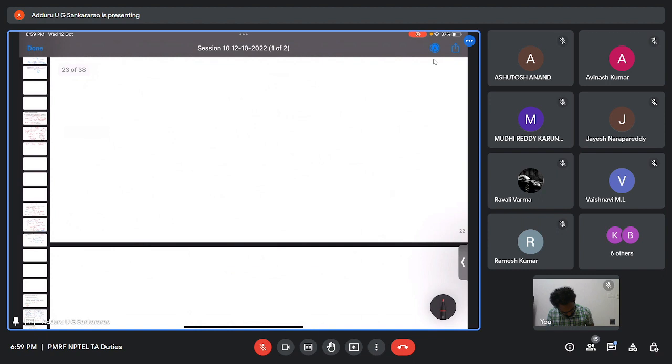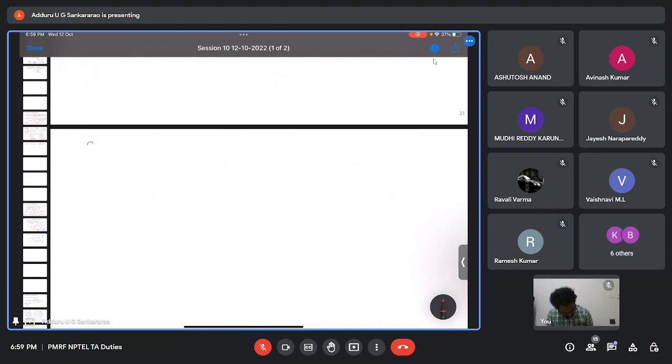So for a stable and causal system, all poles are inside the unit circle.